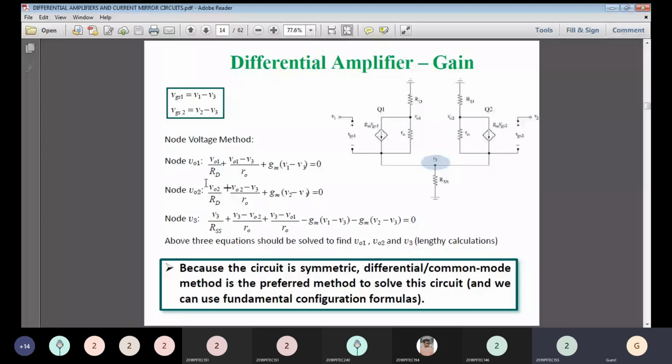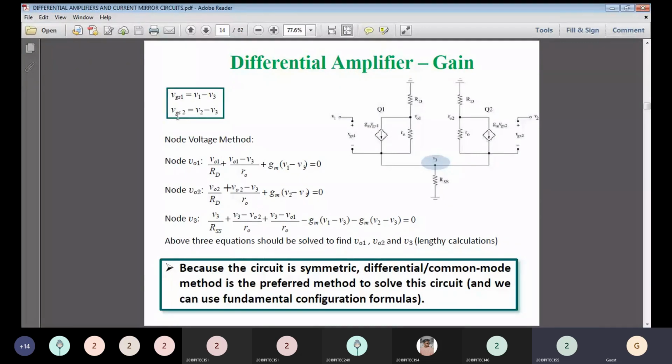So we know that VGS is nothing but the voltage across the gate and the source. So this is the value of V1 and V3, differential mode of operation. Both the values are in difference of the input voltage we are going to give. So V1 minus V3. And then for VGS2, what is the input? Again, a difference of two voltages, like V2 minus V3.